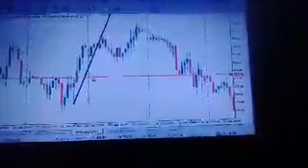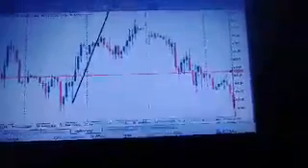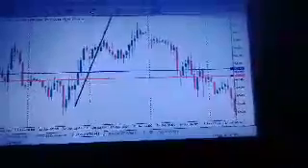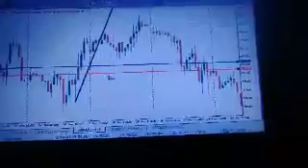Whenever you enter a trade, the red line will be our stop loss. The blue line will be the entry point, where you're going to enter from. And the green line shows the take profit. I'm sure by now you're familiar with terms like take profit and stop loss.